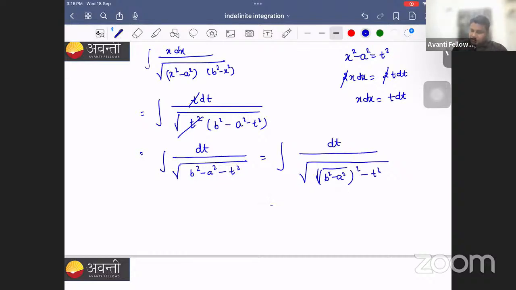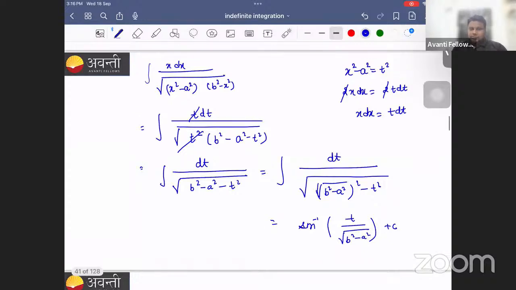And this is integration of sine inverse t upon under root b square minus a square plus constant. This is it. Got it? And a very good question, as well as an important question.